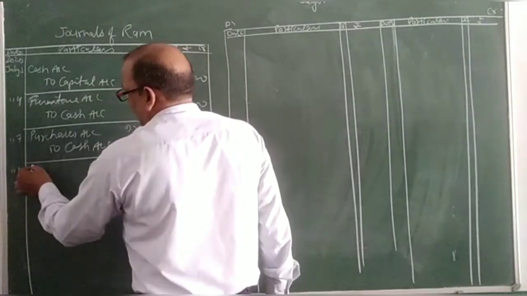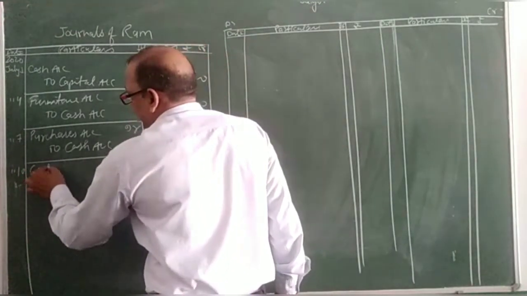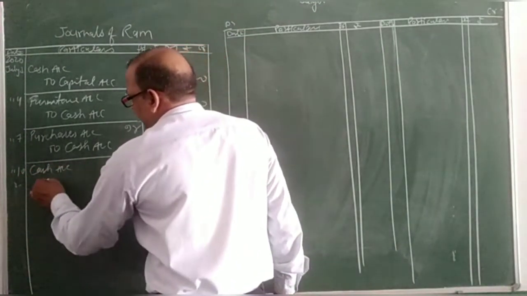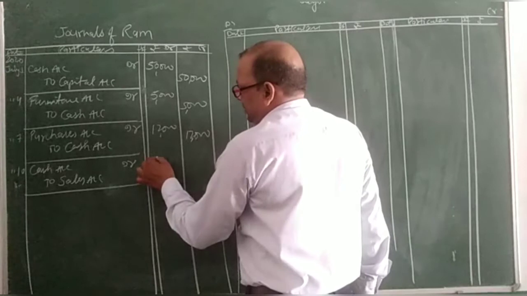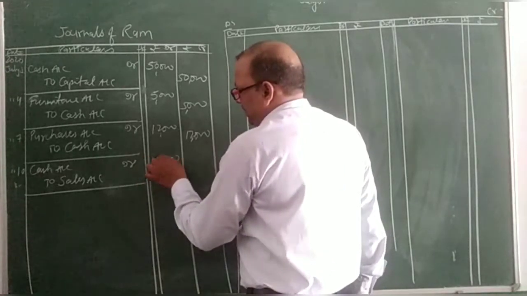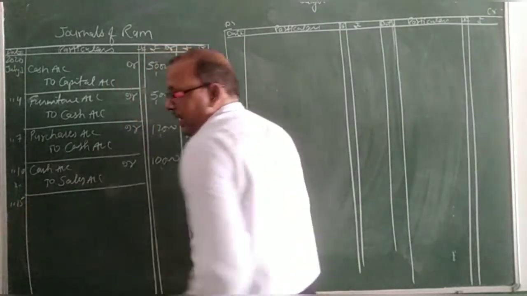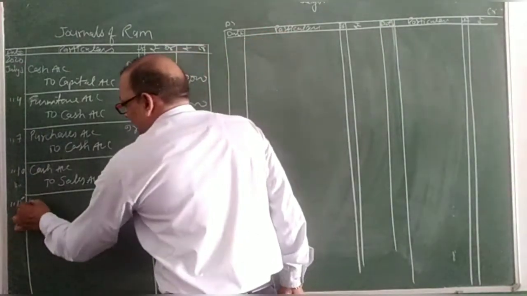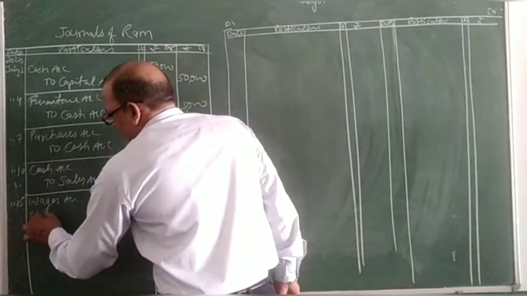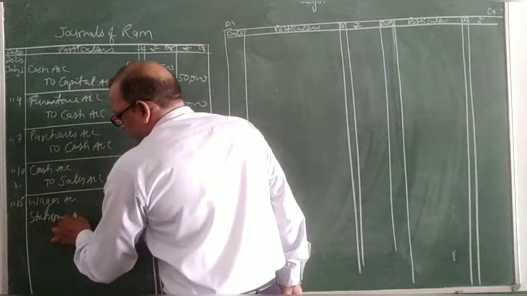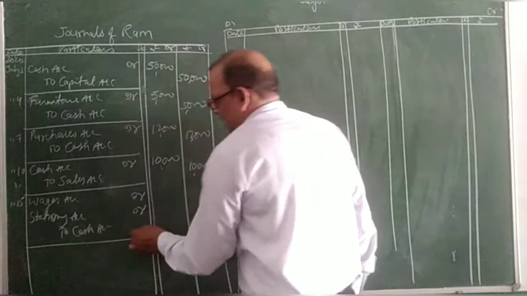On the 10th, sold goods for cash, then you are receiving cash: cash account debit to sales account, amount is 10,000. After that, on the 15th you have paid two expenses. You have paid wages, so wages account debit, and you have purchased stationery also, so stationery account debit, all paid in cash, then to cash account.